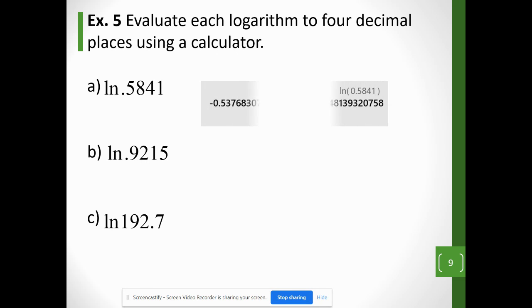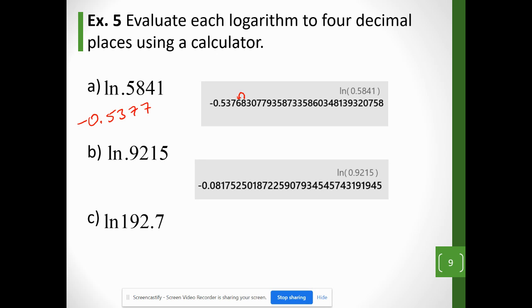So I'm just going to type this in. ln of 0.5841. It gave me, I see my 4 decimal places. My fifth number is big enough, so I'm going to push my 6 over. So I have negative 0.5377. Just want you guys to practice how to type this in. Now, ln of 0.9215, I have to do 4 decimal places, but I take a look at my fifth decimal. It is big enough, so it pushes the 7 to an 8.